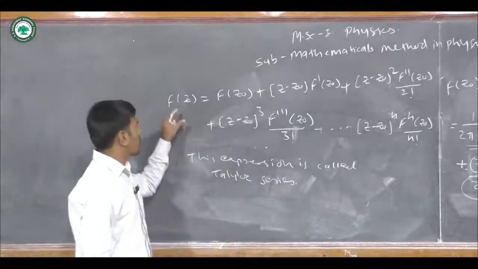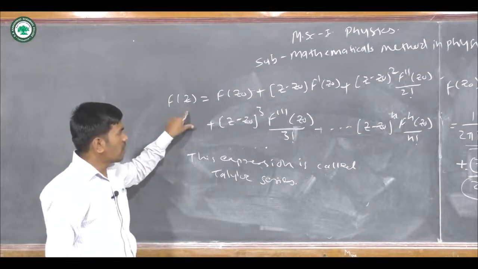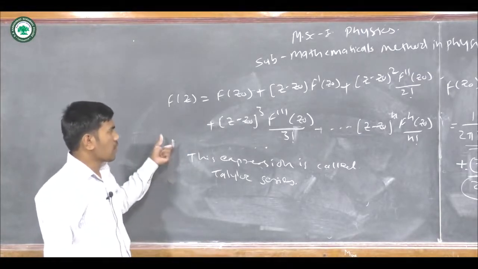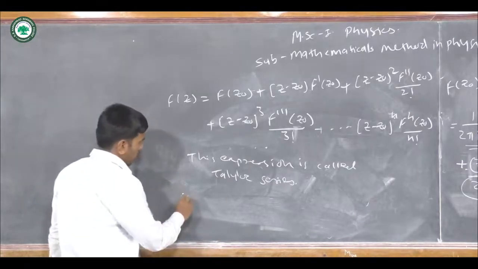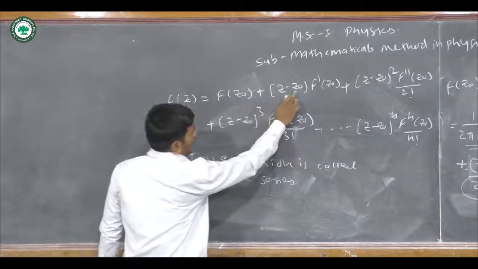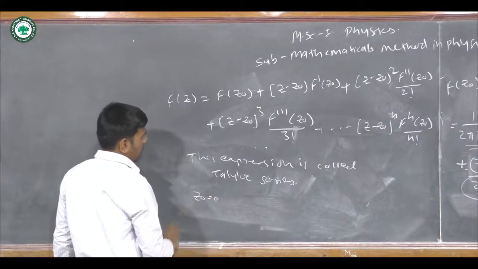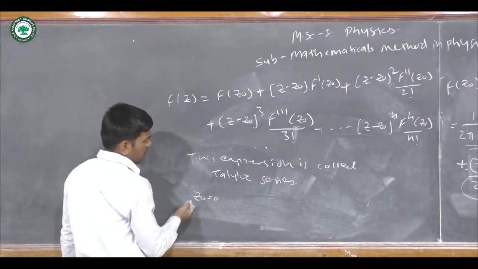In this series we expand in the CR region, and this series is convergent in this circle, the CR circle. Now one more point: if we consider z naught equal to 0, this series becomes a Maclaurin series. So this is a special case.